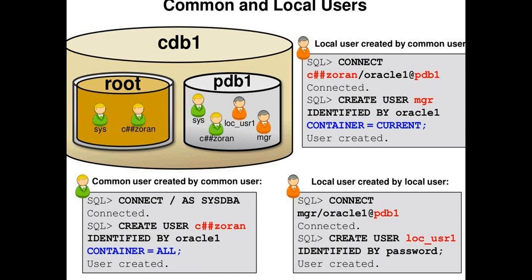Okay, now how to connect with this C##Zoran user? So the command is local user created by common user. So connect C##Zoran/Oracle1, where Oracle1 is the password of this Zoran user, and @PDB1. So what is the significance of @PDB1? Every pluggable database will have one unique connection string which will be part of tnsnames.ora.